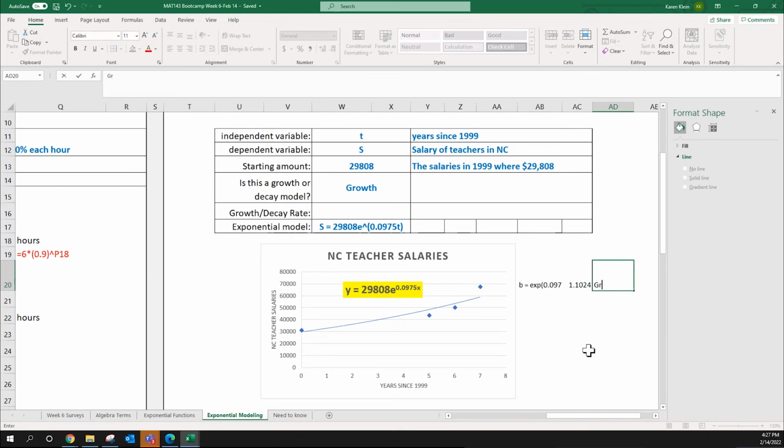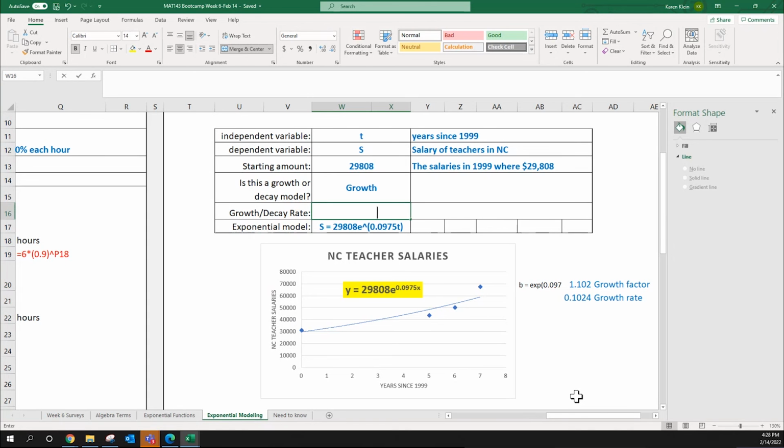So this is my growth factor. My growth rate is just going to be this amount minus 1. So my decay or growth rate in this case is going to be a growth. So my growth rate is 0.1024, or you can turn this into a percentage and we get 10.24%.